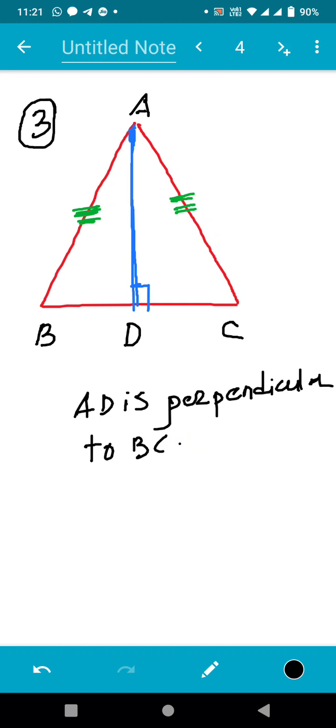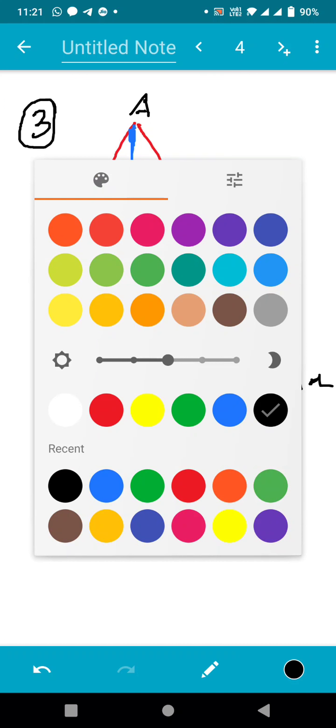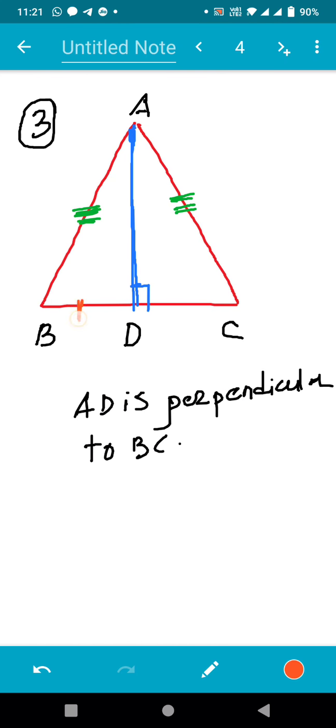So now it can be also observed. Now what we can observe from the figure is that this length BD and DC, they both are equal. They both are equal, students.